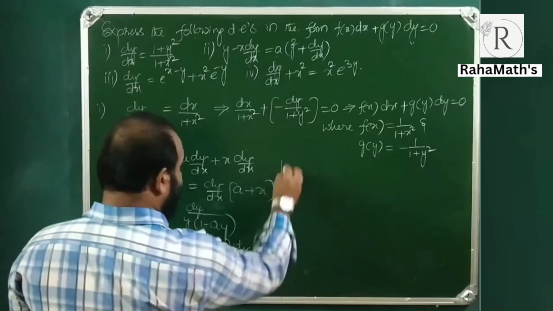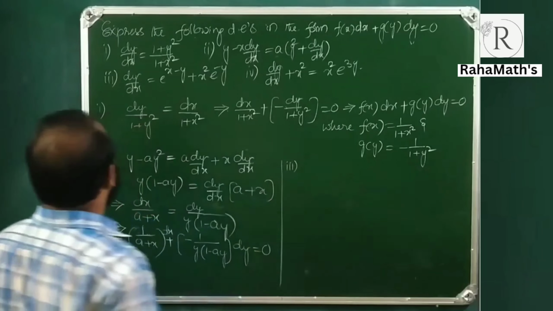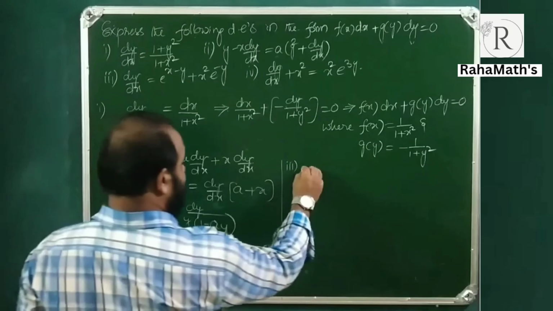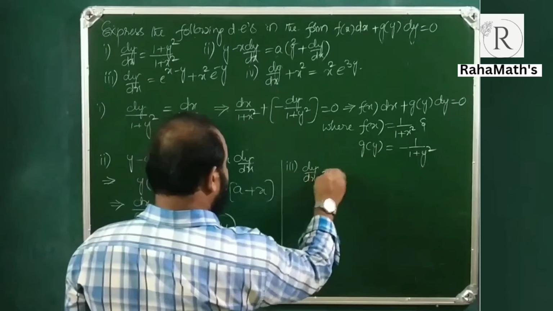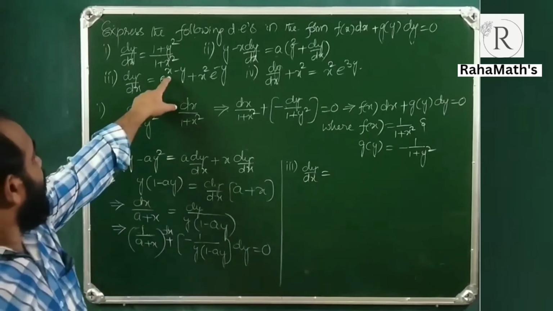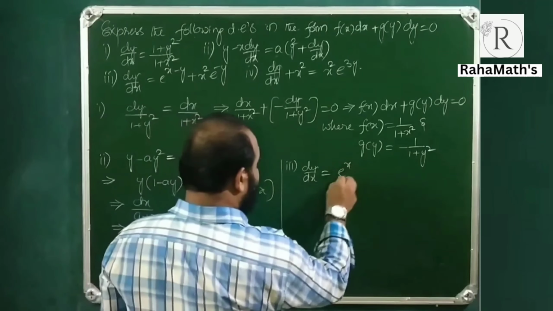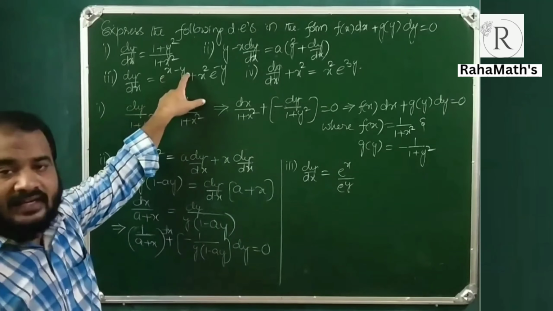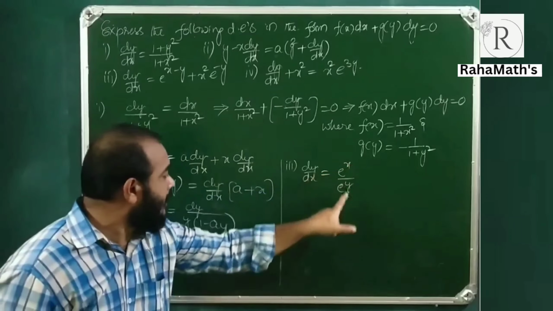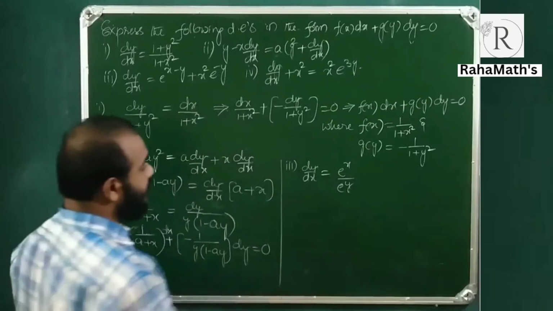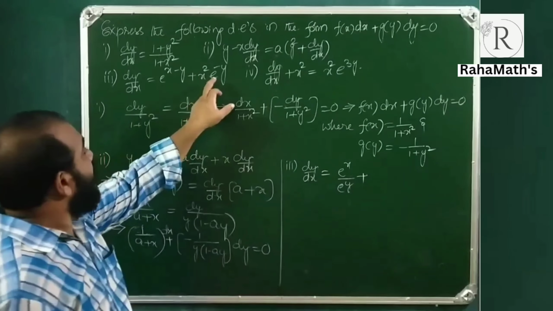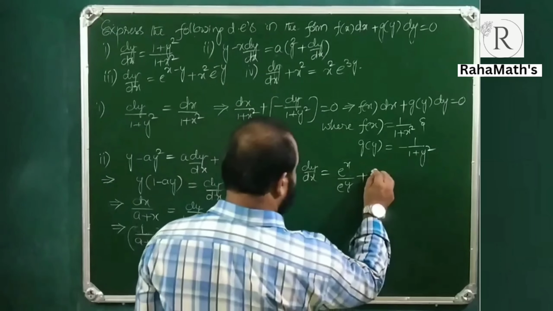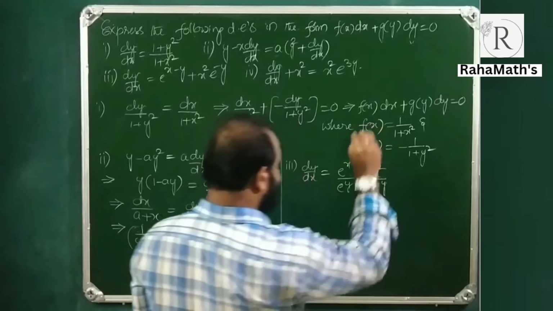And if you see the third question, dy by dx equals this. This can be written as dy by dx equals e power x by e power y, using a power m minus n equals a power m by a power n, plus e power minus y, which can be written as 1 by e power y, plus x square by e power y.